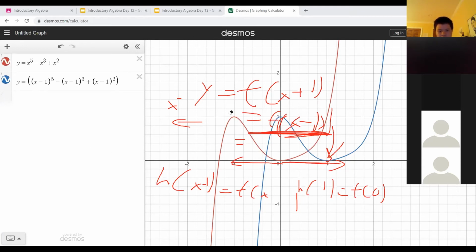So f(x) plus 1, adding the 1 shifts it right, as you can see.